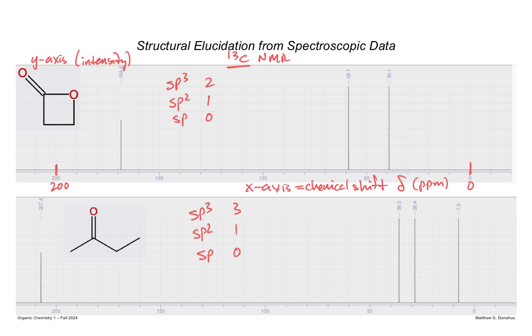And from the ester, if we said the sp2 carbon is further away, the same logic holds true. This one at 207, that's going to belong to the carbonyl carbon. And then these three remaining, 36, 28, and 7, are the sp3.